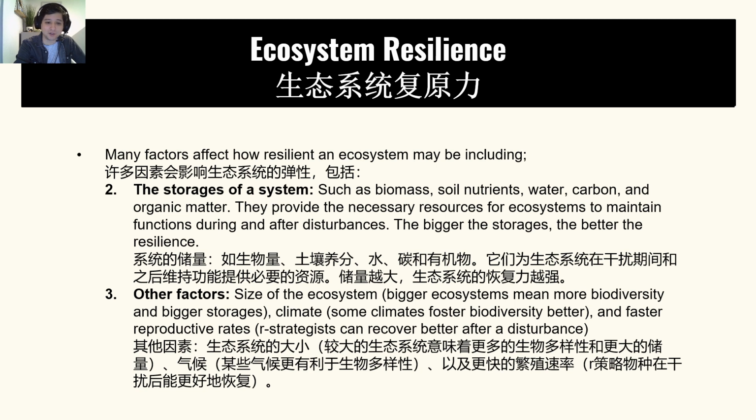Additionally, faster reproductive rates. We haven't talked about this yet, we'll talk about it later, but r-strategists can recover better after a disturbance. R-strategists are animals that reproduce quickly. Think of a rabbit. A rabbit reproduces very quickly. If the number of rabbits goes down, they can quickly recover their numbers.